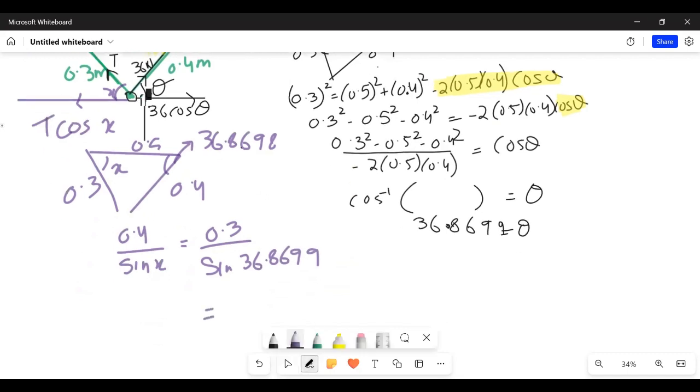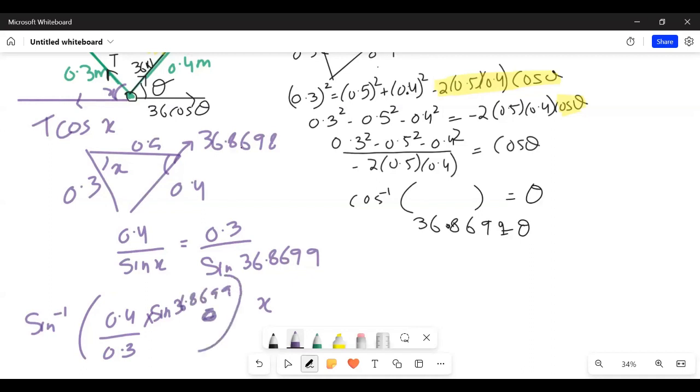Cross multiply, make X the subject. So you should get sine inverse 0.4 upon 0.3 into sine 36.8699. Okay, what do we get?